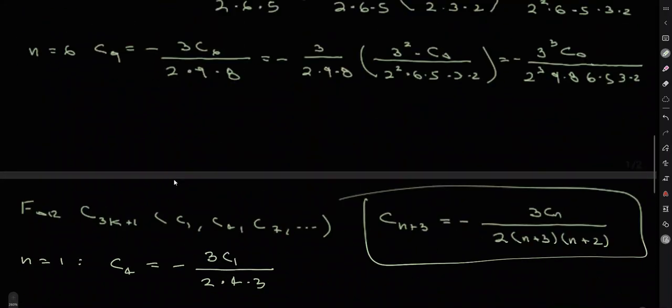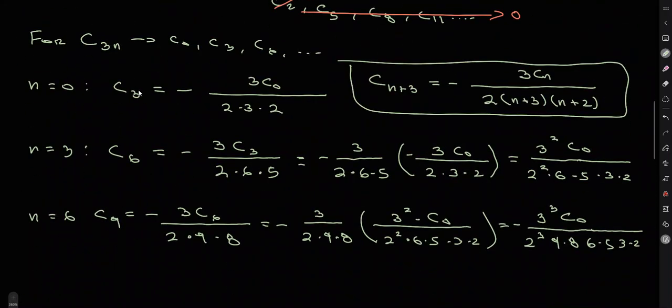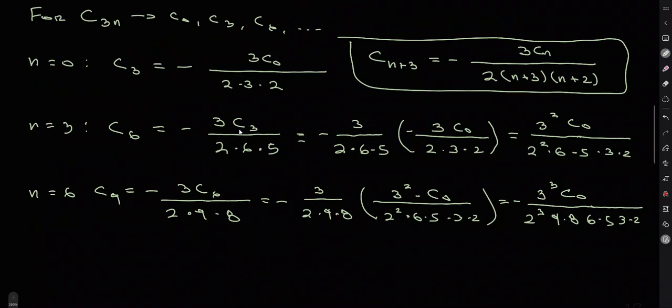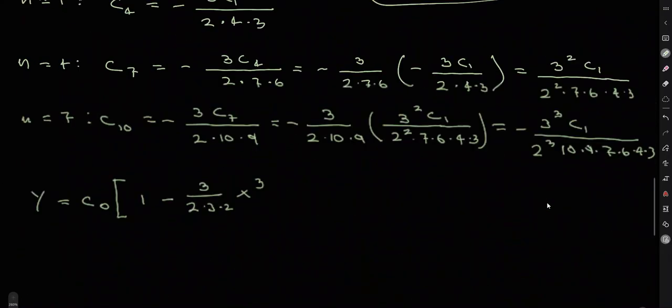How do we know that? Because it's c sub 3. And again, the subscript that we see here corresponds to the power of x in the term of the series, right? C sub 6, it's all this madness here, and C sub 9, all this madness over there. Let me write them down.